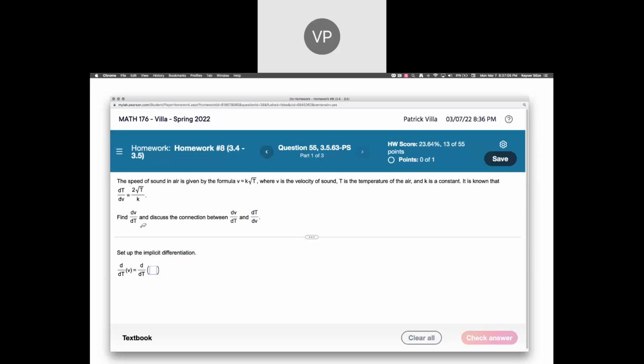So kind of look at these two. This and this, notice they are different, okay? So to be clear, when I see dT/dv, it means, remember, this bottom one means with respect to v.